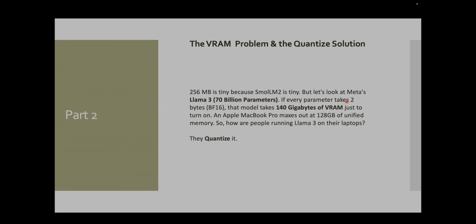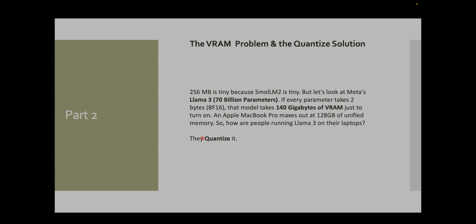If every parameter takes 2 bytes in BF16, that model will take 140 GB, and that is just to load, just to turn on. An Apple MacBook Pro maxes out at 128 GB, so there's no way we can run 70 billion parameters right away.